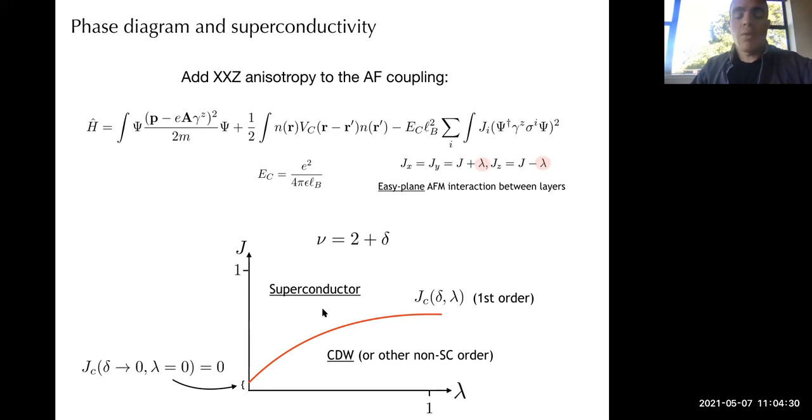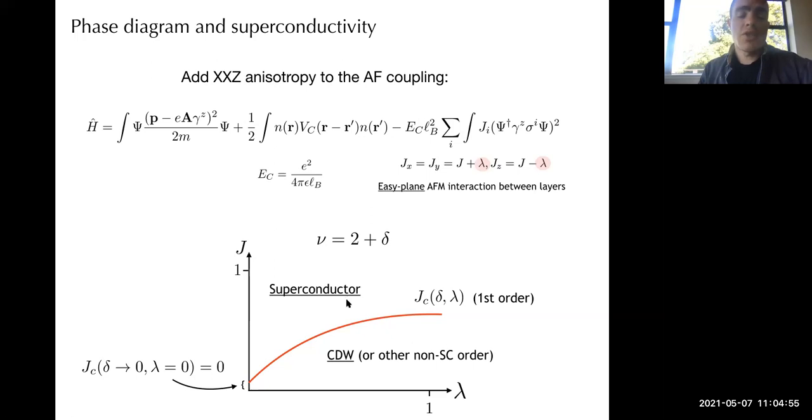So here's a schematic of what the phase diagram is going to look like. If you fill 2 plus delta of the Landau levels, rather than forming something like a fractional quantum Hall state, the phase diagram looks like this. If J is big enough, above the critical value, the extra electrons actually form a superconductor despite the Coulomb repulsion.